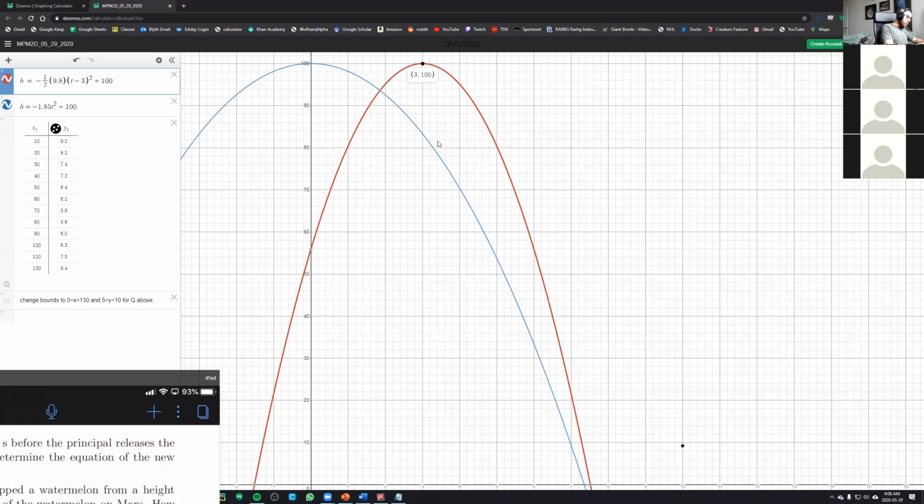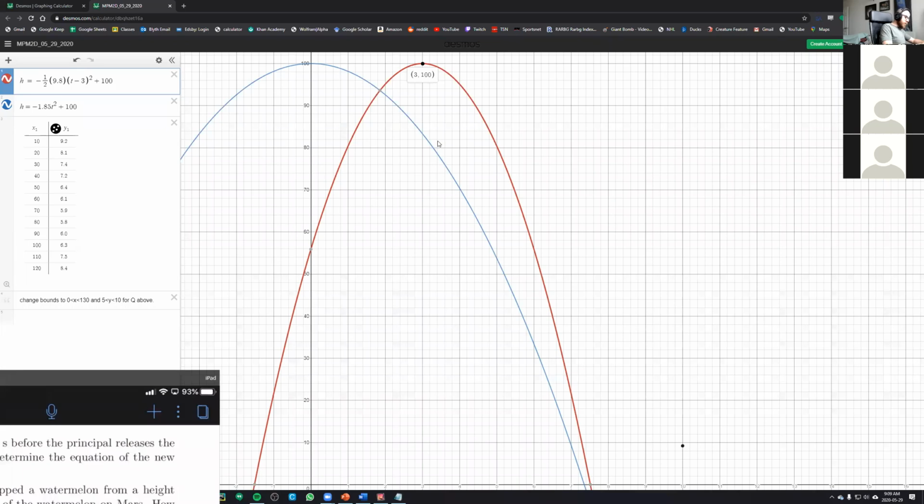And of course, this represents a horizontal translation to the right 3 units. But because we're talking about a word problem, what this actually means in the context of the problem is we're just waiting 3 seconds to drop the watermelon.